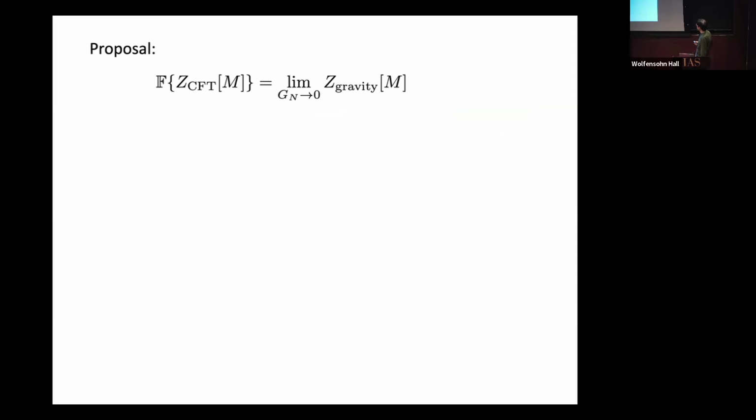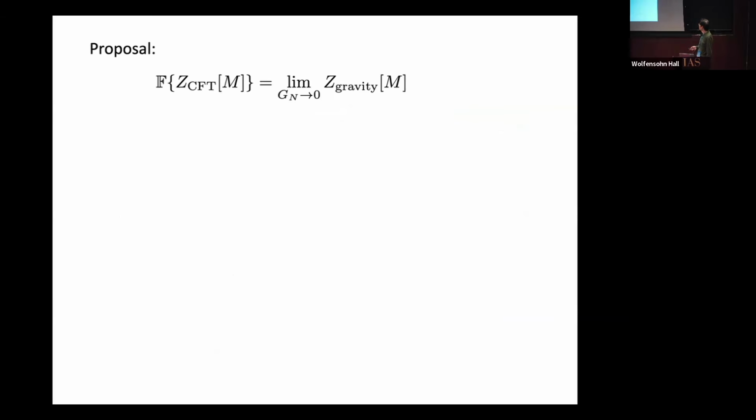So now let me just suppress the Lorentzian; you assume that this filter always involves the Lorentzian limit. The proposal is that you take the CFT partition function, then you pass it through this Lorentzian filter F, and that would be the expression you identify with the gravity side in the semiclassical limit.